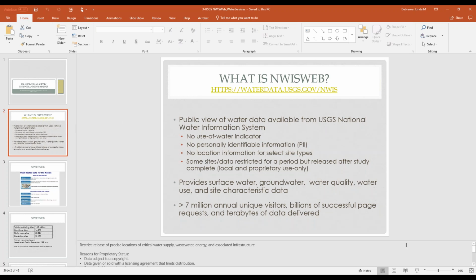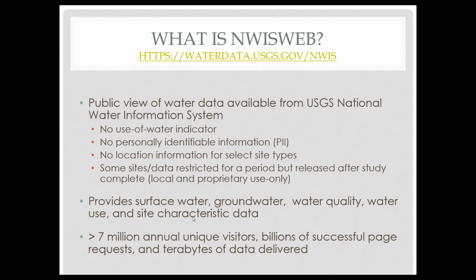I apologize, I should be showing this in presentation mode. Sites that are under litigation, have tribal agreements, or are associated with our water supply, we may not show the exact location for national security reasons.